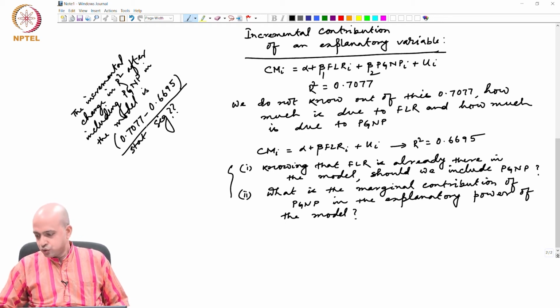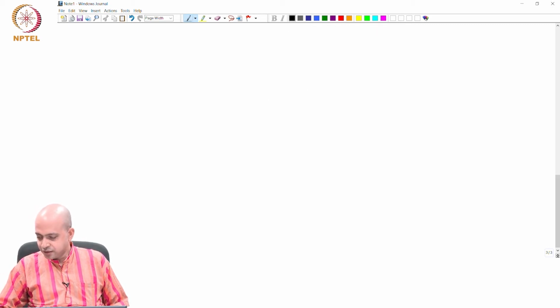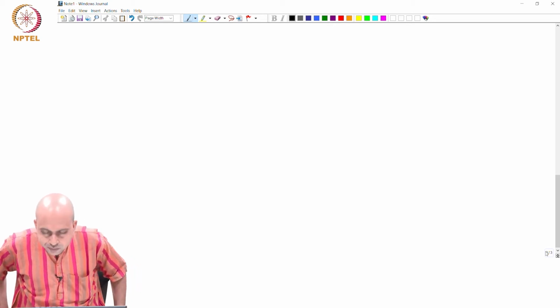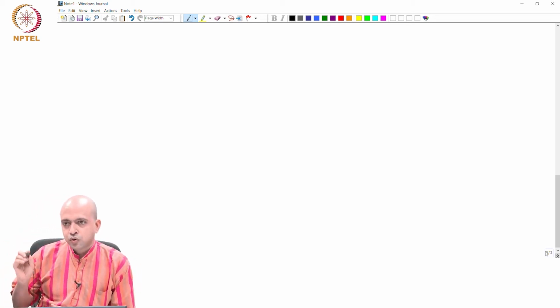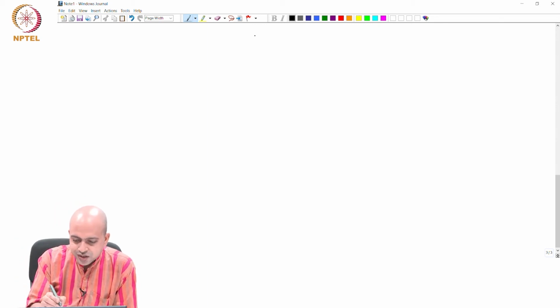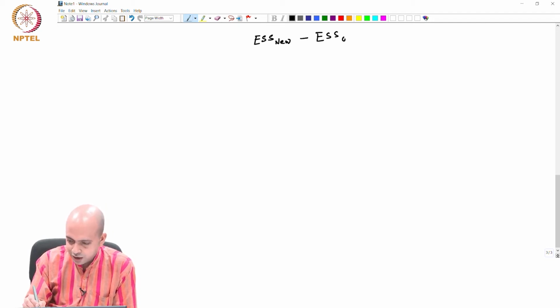That is also possible to get using an F statistic. How will you do that? If you add an extra variable, your explanatory power of the model will increase. Let us say that this is denoted by ESS new, compared to the ESS you were having earlier, which is ESS old.